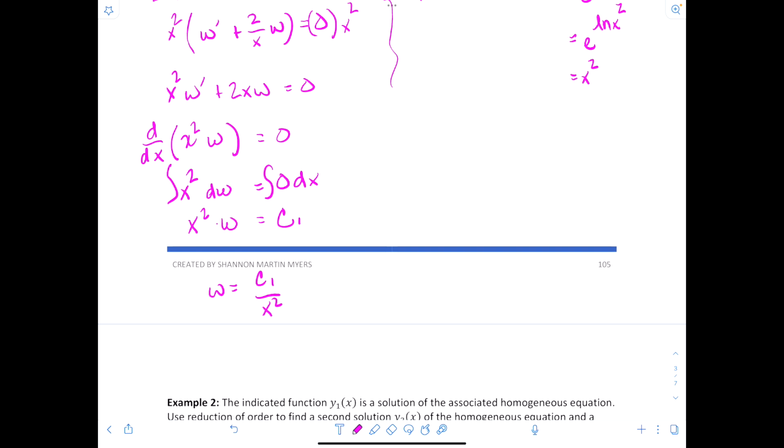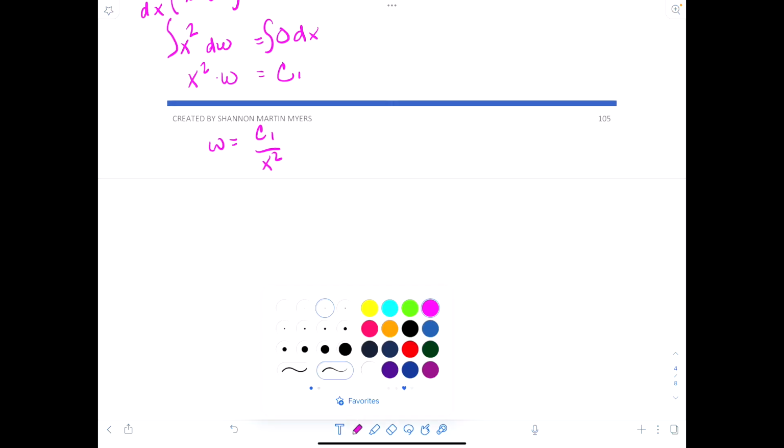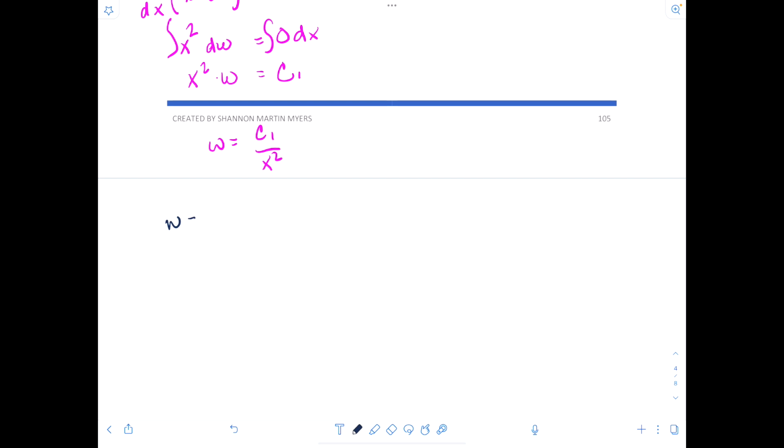Just add another page here. So, continuing, we have w equals u prime. So u prime is equal to c1 over x squared. But u prime is du dx, which will be c1 over x squared.